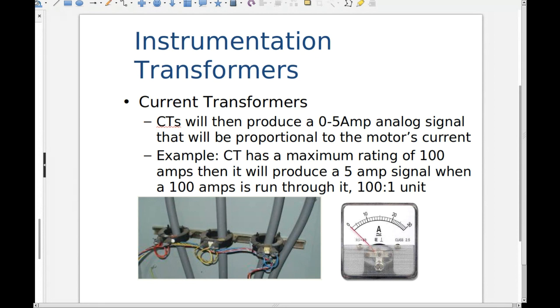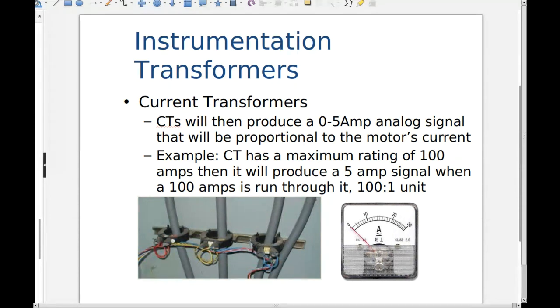But if you think about it, we already did this. 100 amps flowing through 10 ohms means it's going to be dropping 1,000 volts. You can't be losing 1,000 volts on your ammeter just to try to detect the current.